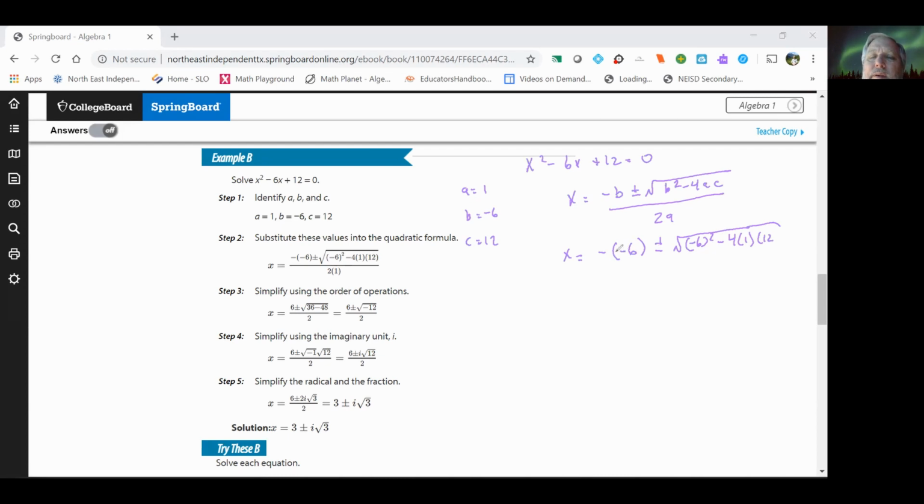All right, so the opposite of negative 6 is positive 6, plus or minus the square root of 36 minus 48, all that over 2 times 1.